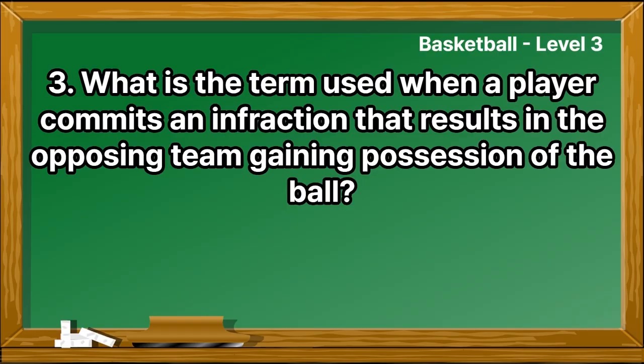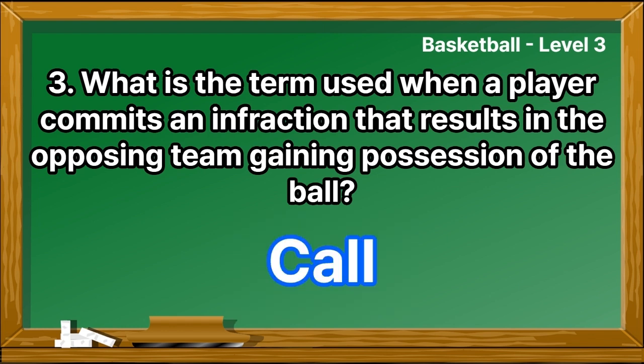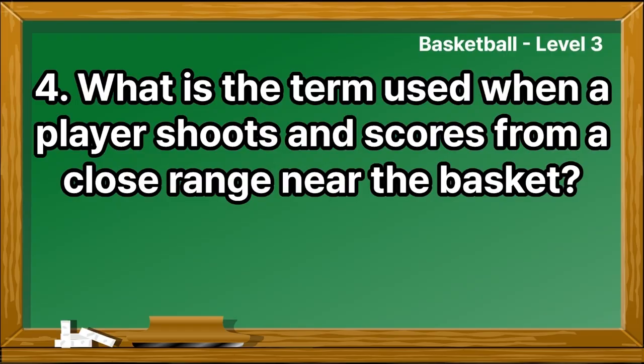What is the term used when a player commits an infraction that results in the opposing team gaining possession of the ball? Call. What is the term used when a player shoots and scores from a close range near the basket?